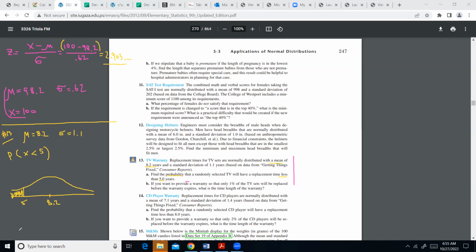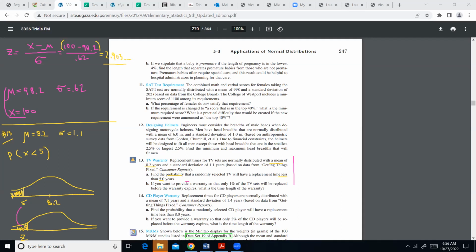And the way we did it, we converted this value of x to the corresponding value of z. So if I was able to see what z is equal to, then I could, based on that z-score, find the area.